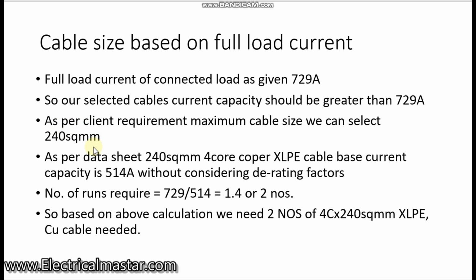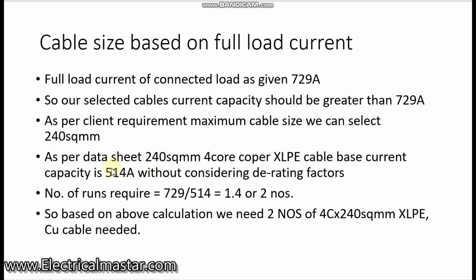I checked the 240 square mm 4 core XLPE cable from the cable data sheet. The base current of this 240 square mm 4 core copper XLPE cable is 514 amps, without considering derating factors.